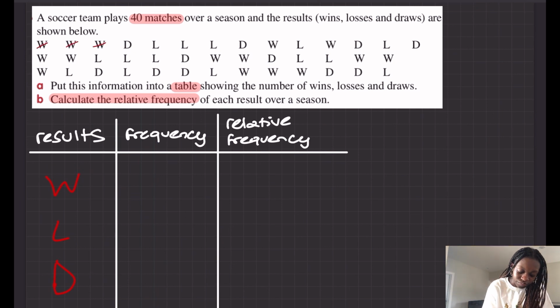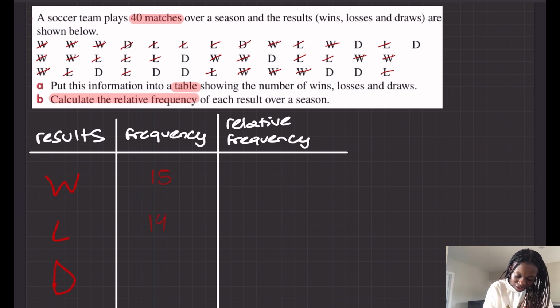We have 1, 2, 3, 4, 5, 6, 7, 8, 9, 10, 11, 12, 13, 14, 15. We have 15 wins. And then for losses, we have 1, 2, 3, 4, 5, 6, 7, 8, 9, 10, 11, 12, 13, 14 losses.